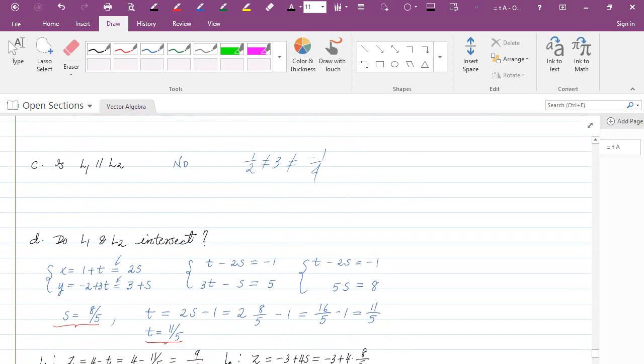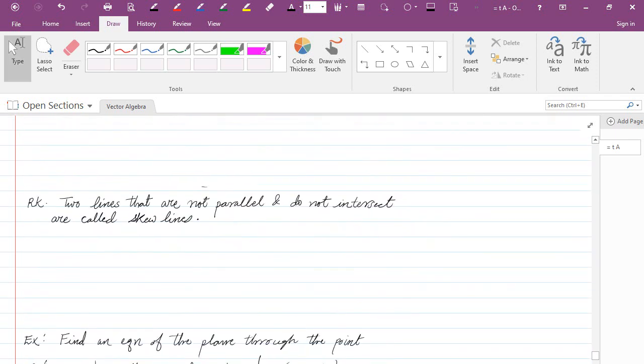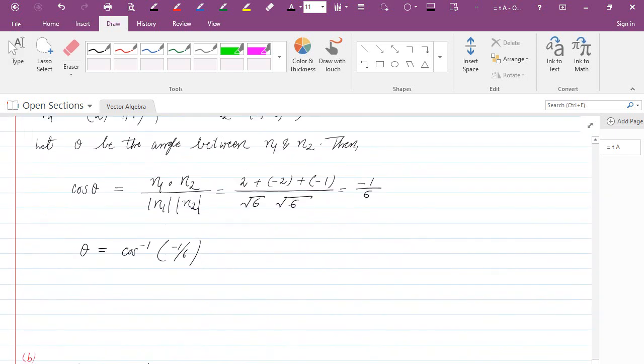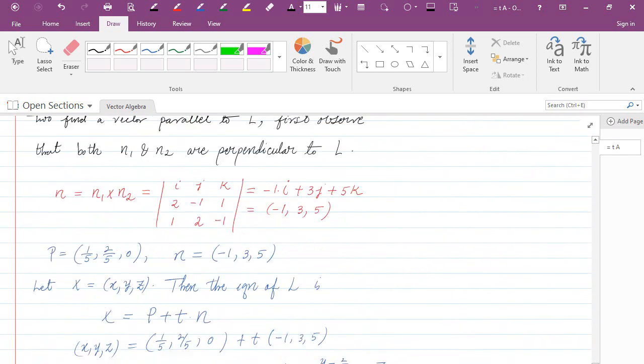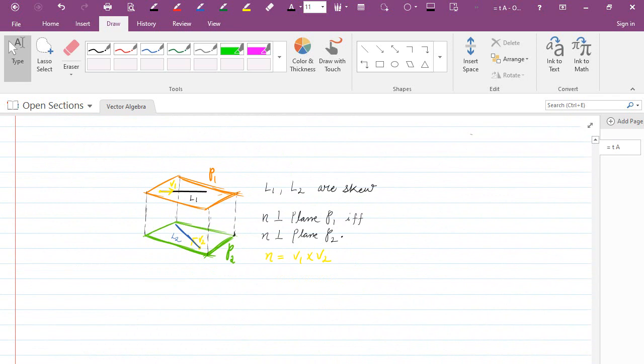Now we want to know, do they intersect? Well, in R3, two straight lines may not intersect. In R3 we may have a situation where the two lines lie on parallel planes, but they are not really parallel either.